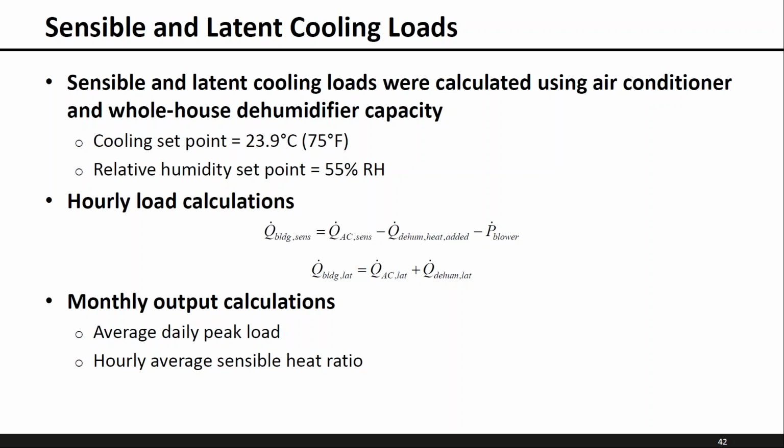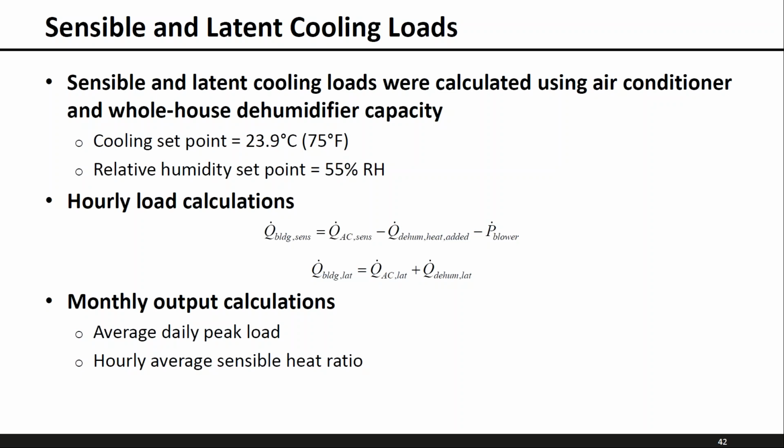And for this particular set of simulations, we included a whole house dehumidifier in the simulation to control the humidity, allowing us to estimate the latent load. And so for this section, we fixed the cooling set point at 75 degrees Fahrenheit and the RH set point at 55% RH.